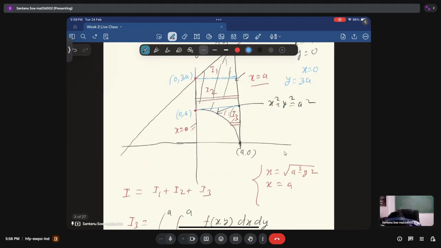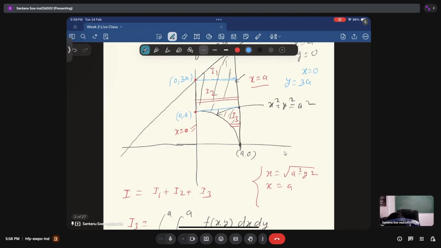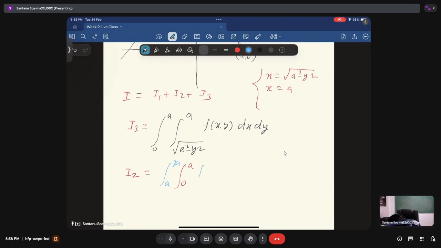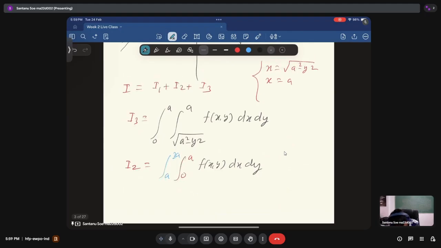And x is varying from 0 to a, correct? So this will be f(x,y) dx dy. Okay, so this is our region I2.